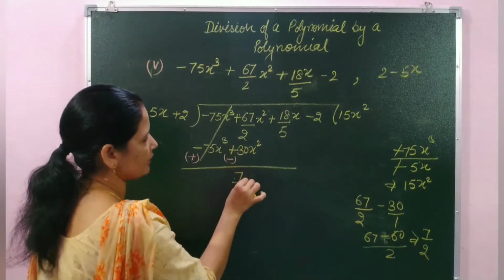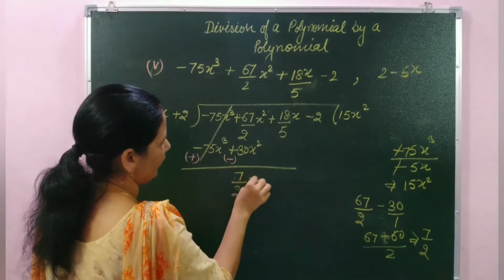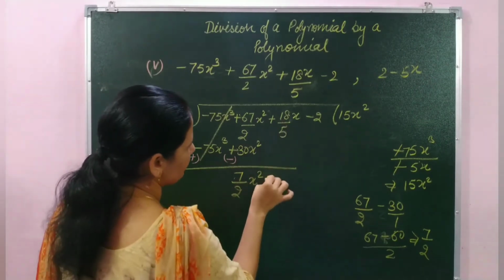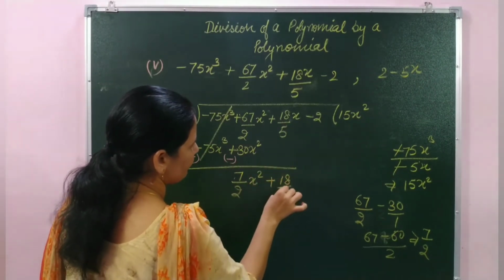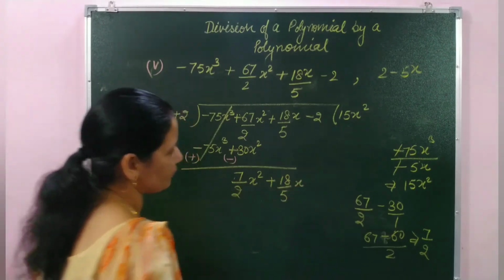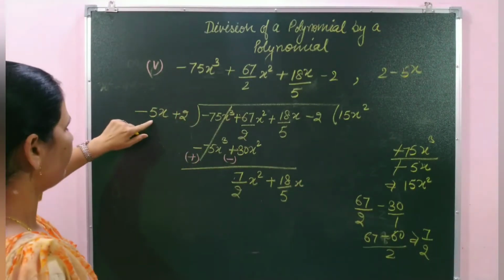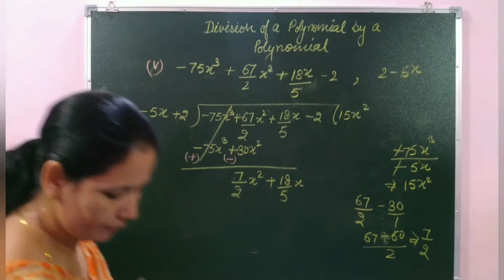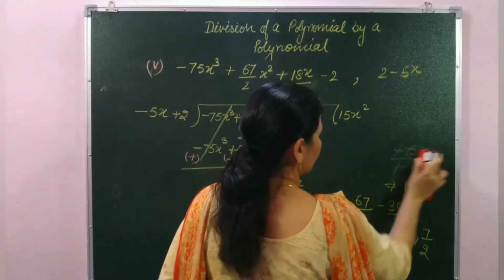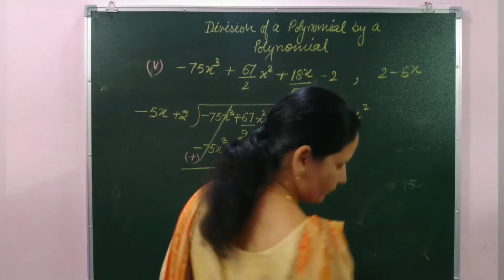So we will write here 7 by 2 x square, then 18 by 5 x bring down. Okay. So students, we have minus 5x.